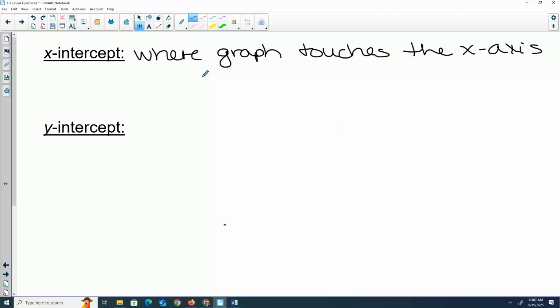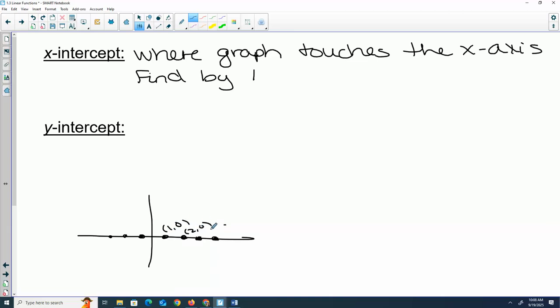If you don't have a graph, how can you get it from the equation? If you are a point on the x-axis, every one of these points has something in common. What would it be? You're on the x-axis. This is like the ordered pair 1, 0. This is the ordered pair 2, 0. 3, 0. Yeah, the y is 0.